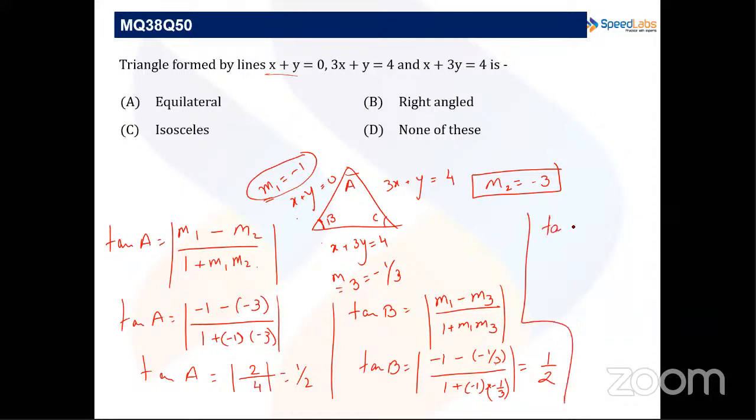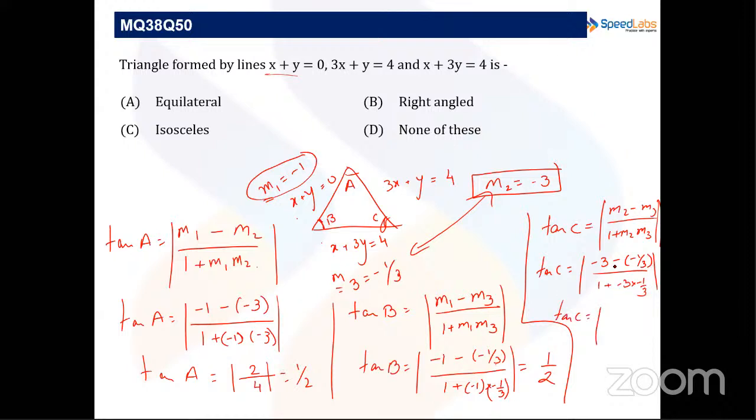And tan C is the angle between m2 and m3. So mod of (m2 minus m3) divided by (1 plus m2 into m3). So tan C will be (minus 3 minus of minus 1 by 3) upon (1 plus minus 3 into minus 1 by 3).